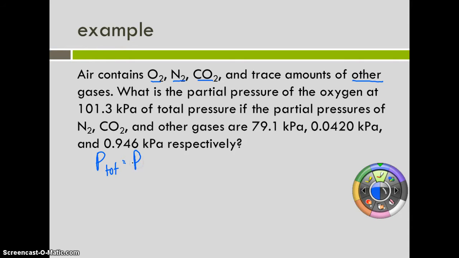So the partial pressure of your oxygen plus the partial pressure of your nitrogen plus the partial pressure of your carbon dioxide plus the partial pressure of your other gases. And they give us the total. They're asking what is the partial pressure of the oxygen.